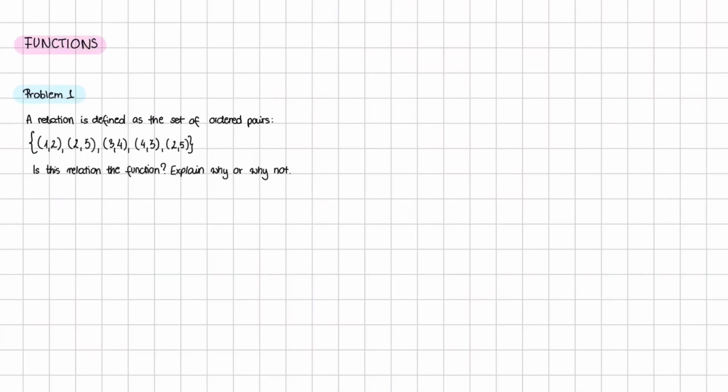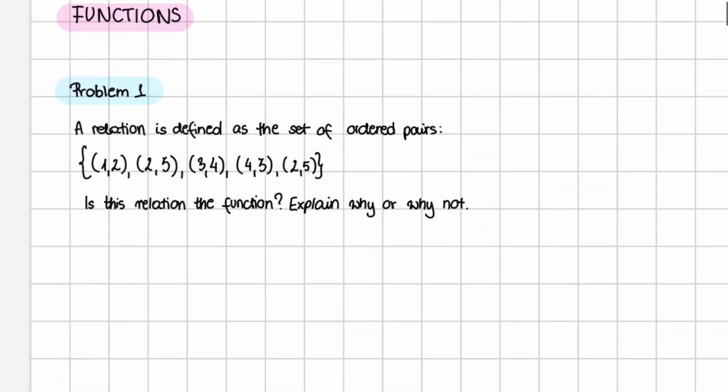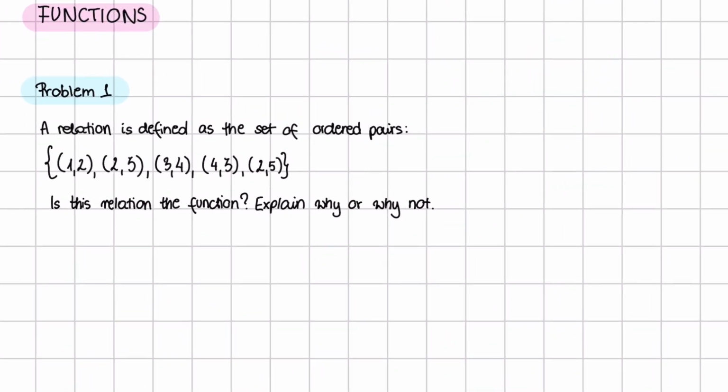A relation is defined as the set of ordered pairs, and we are given 5 pairs: (1, 2), (2, 3), (3, 4), (4, 3), (2, 5). Is this relation a function? Explain why or why not. Firstly, you have to know that the first place always corresponds to x, and the second place always corresponds to y.